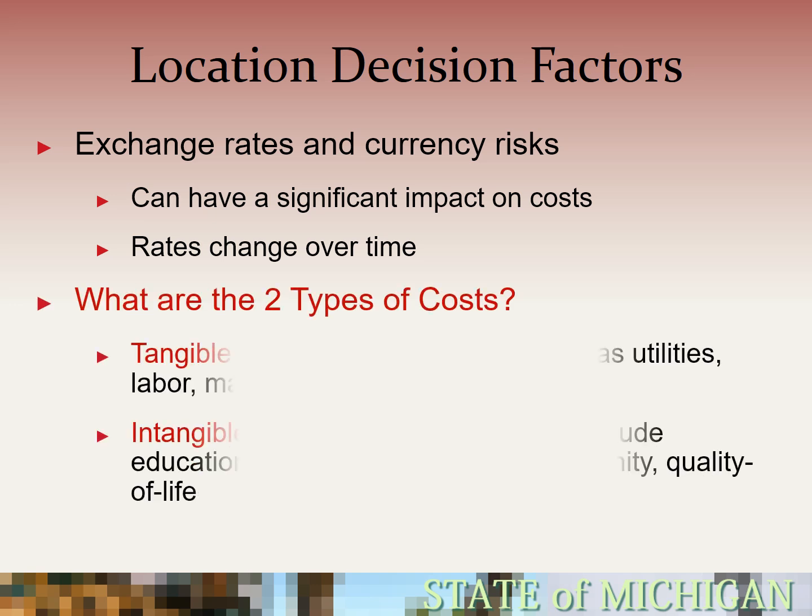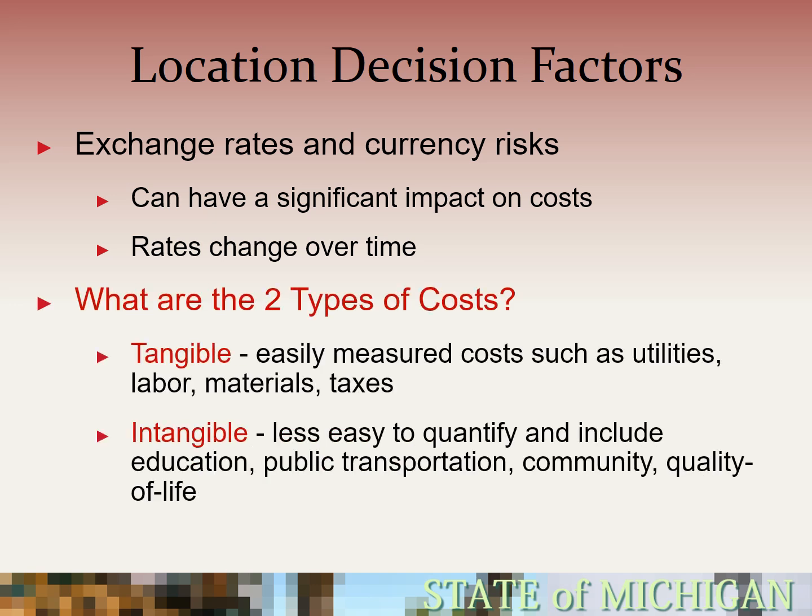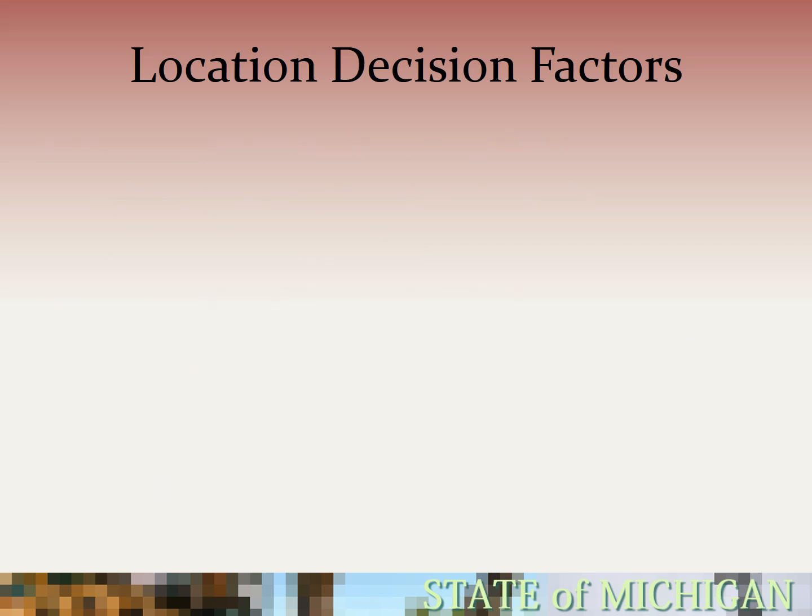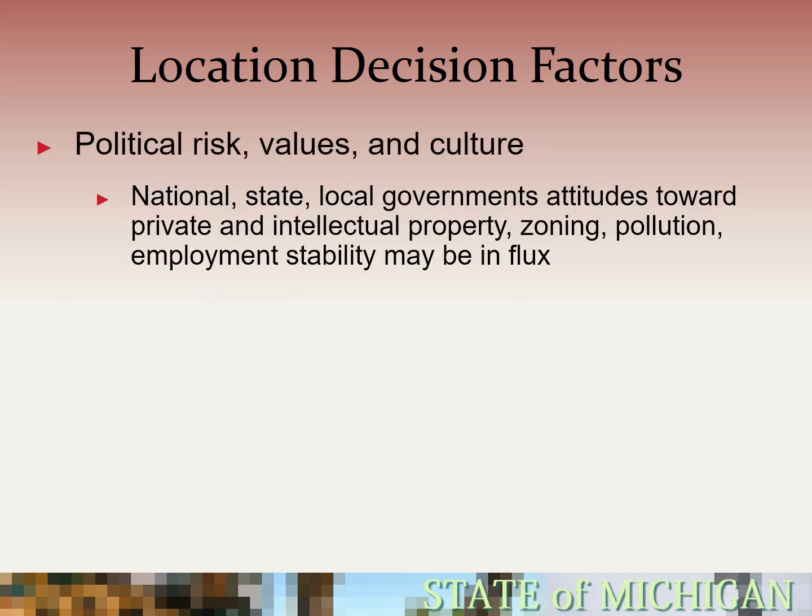What are the two types of costs? Well, we have tangible, which are easily measured costs such as utilities, labor, materials, your taxes. But your intangible are less easy to quantify and include education, public transportation, community, the quality of life, political risk, values, and culture, national, state, local governments' attitude towards private or intellectual property.